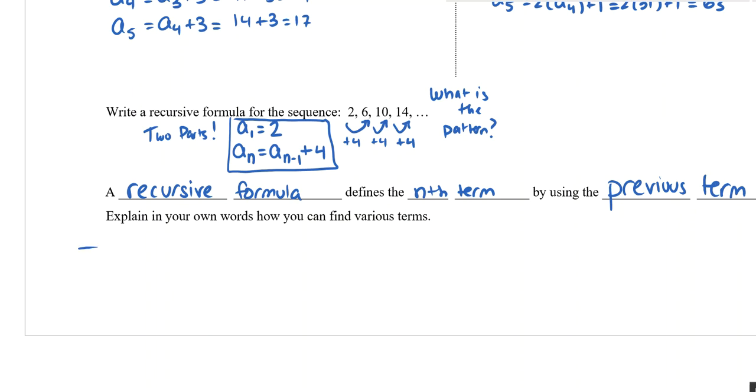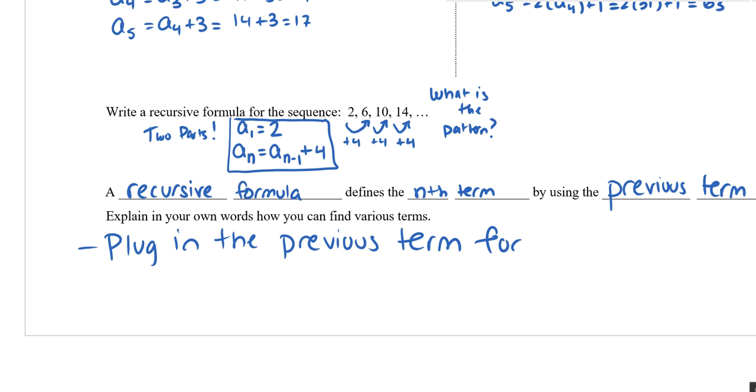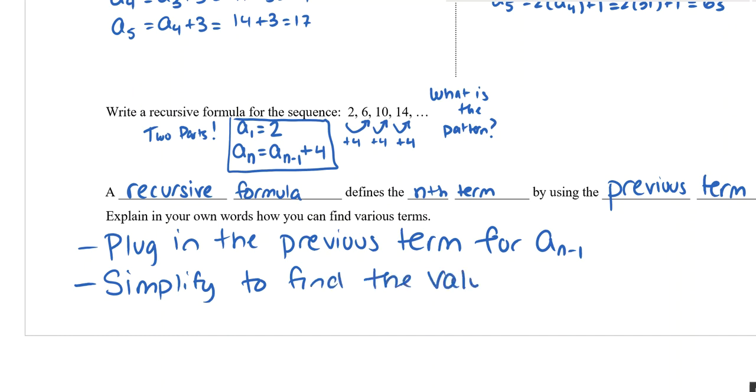So we're simply going to plug in the previous term, and then we're going to simplify to find the value. So I just want to make a couple points here.